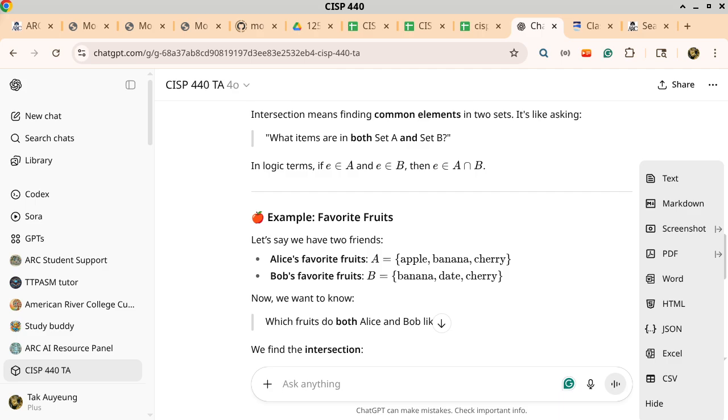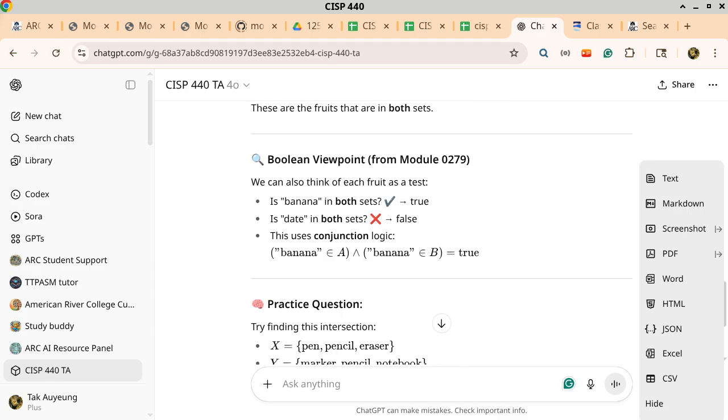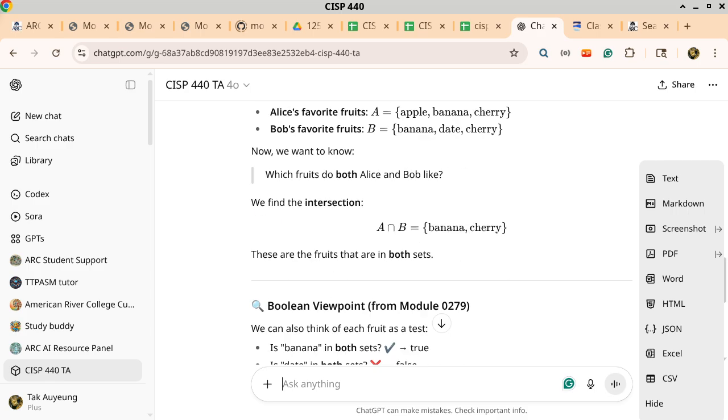Let's say we have two friends. Alice's favorite fruits are apple, banana, cherry, and Bob likes banana, date, and cherry. Now we want to know which fruits are the overlap they both like. We find the intersection, and it is banana and cherry, because banana is found here and here, cherry is found here and also here.